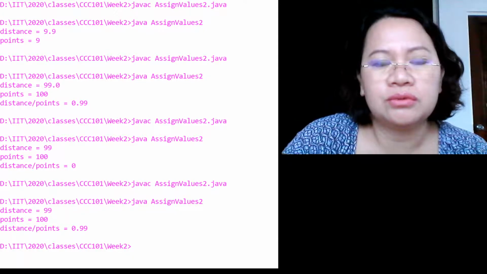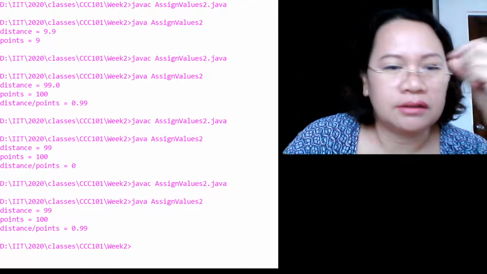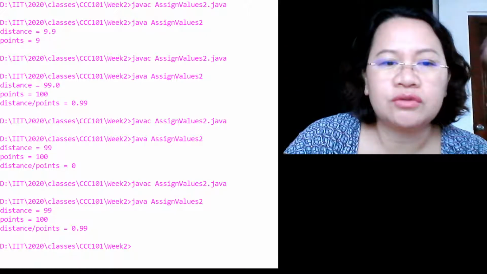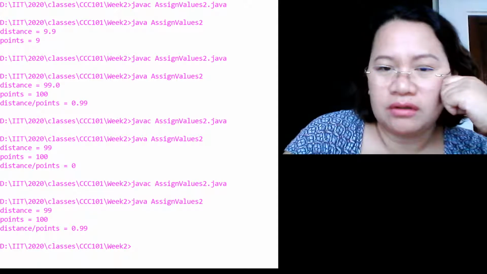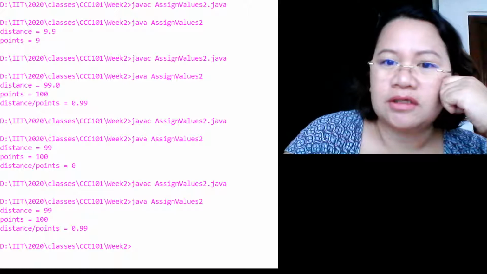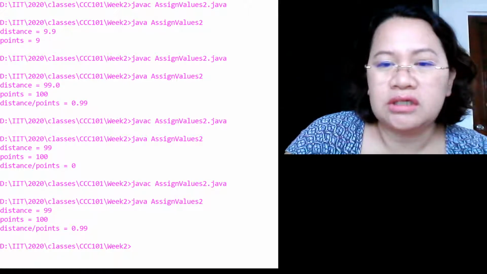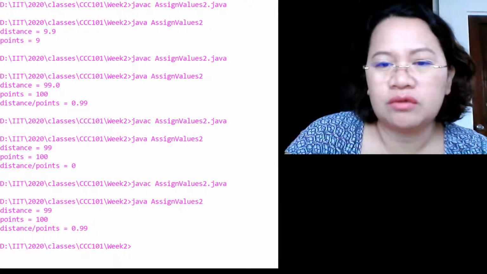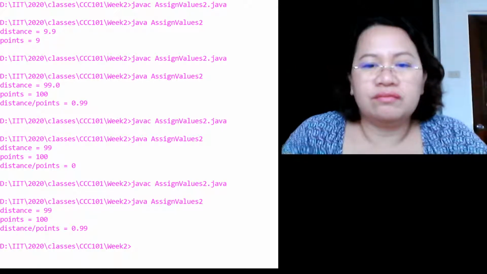You only use mod for integer types. Okay, and the modulo operator gives you the remainder after you divide. So 14 divided by 4, the result is actually 3, no? But there is a remainder of 2. So when you do 14 mod 4, or the operator is actually the percent, 14 % 4 will actually give you the value of 2.